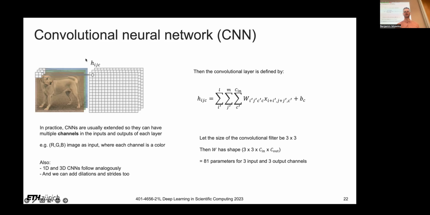And we can also have strides as well, so we can reduce the size of the output image by striding every 2 pixels instead of every 1 pixel. So yeah, there are many different kinds of extensions of CNNs that you can do.